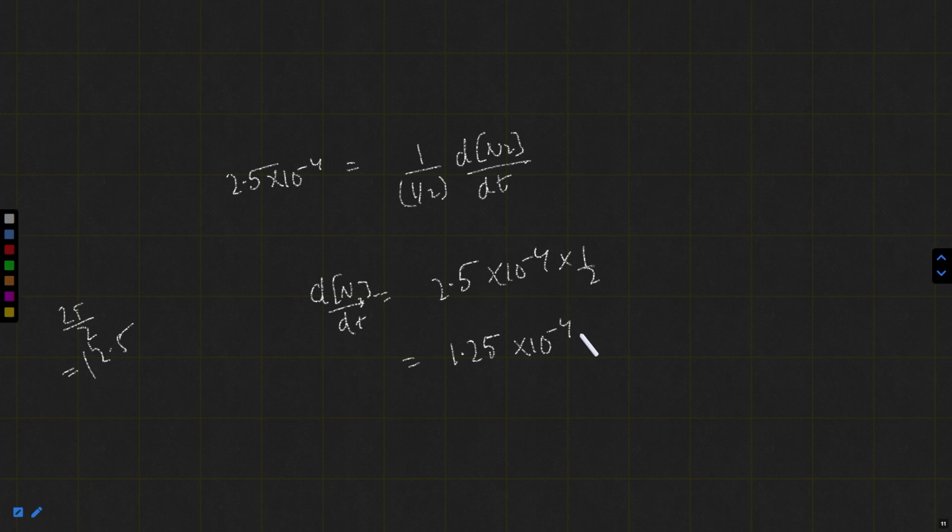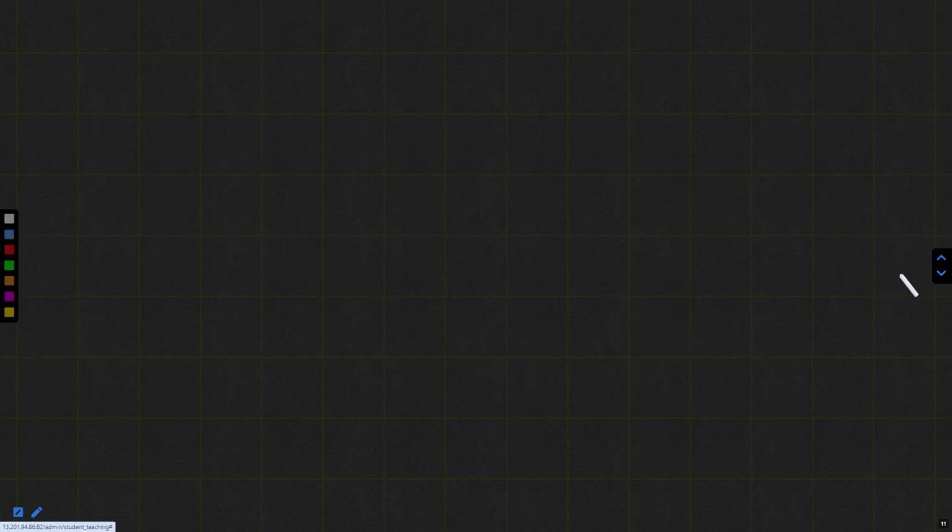Wait, 2 1 is 2, 2 2 is 4... This will be the rate of production of N2. So what will be the unit here? Concentration is on top, so mole per liter, and time on the bottom, so per second. Easy? Okay, yes, this is correct.